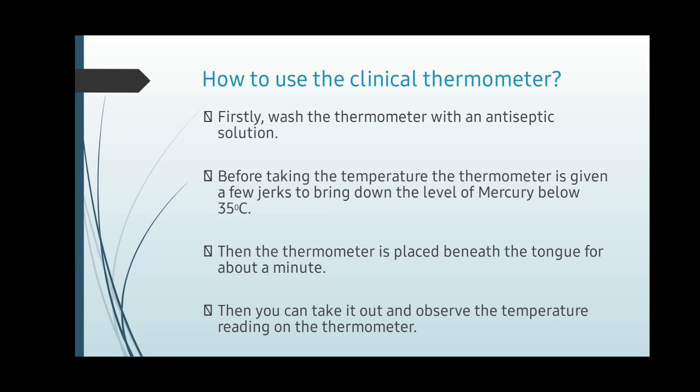Because when we take it out, there is a chance that the mercury level is at a different range. That's why you have to give a few jerks to bring it down. Then the thermometer is placed beneath the tongue for about a minute. Then you can take it out and observe the temperature reading on the thermometer. So this is how we use the clinical thermometer to find the temperature of a human body.